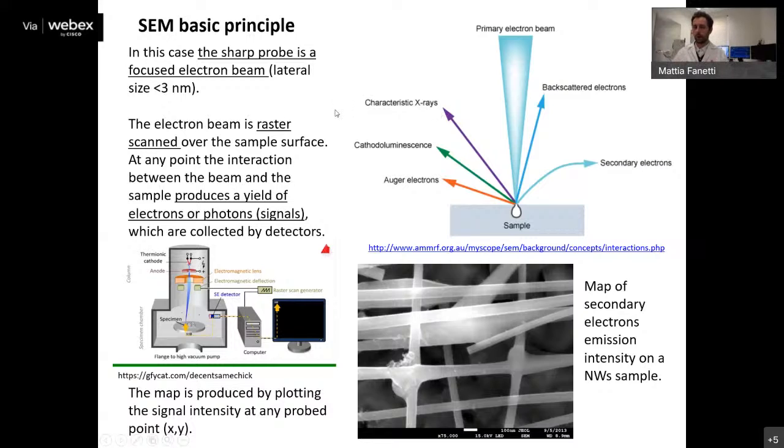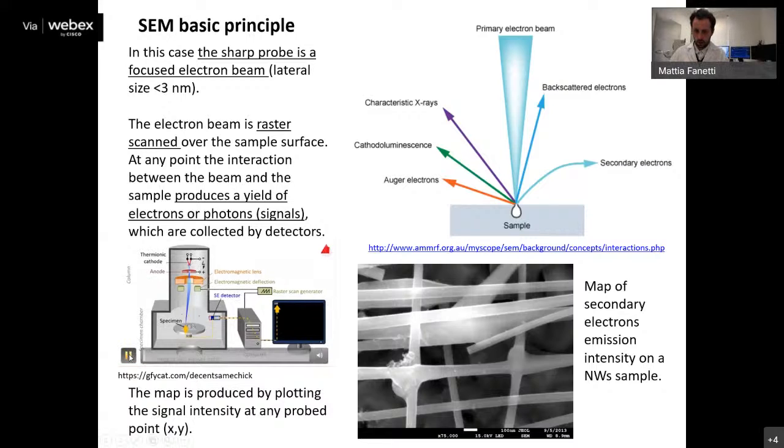So how does SEM work? I have this probe, which is incident on the sample, and I scan the probe over the area of interest, point by point, and in each point, I collect one of these signals that I told you, for example, secondary electrons. And I measure the intensity of the emission in each point.